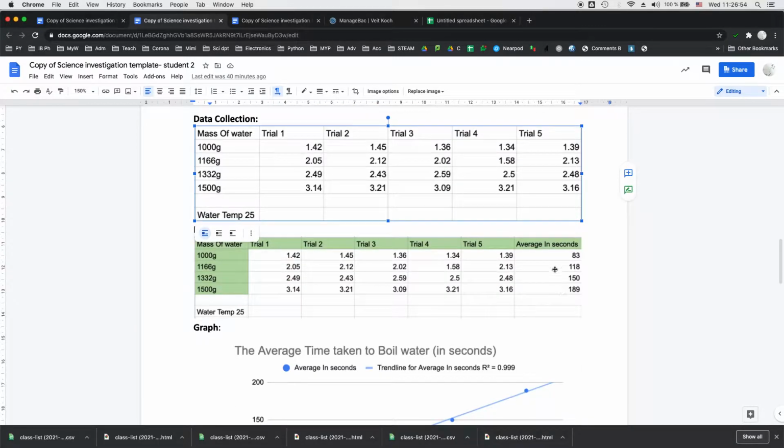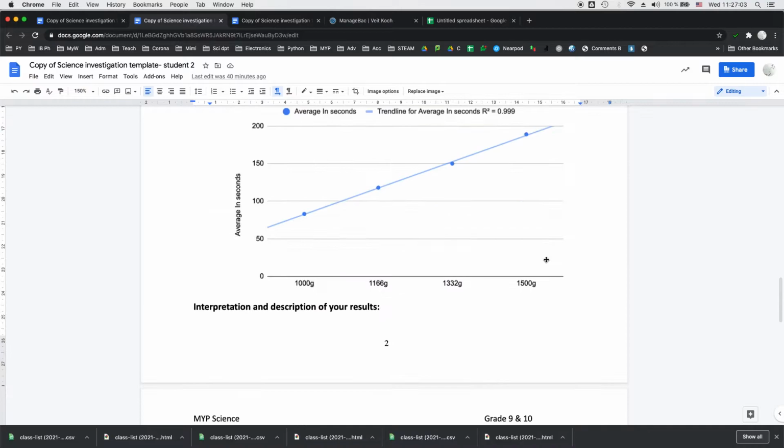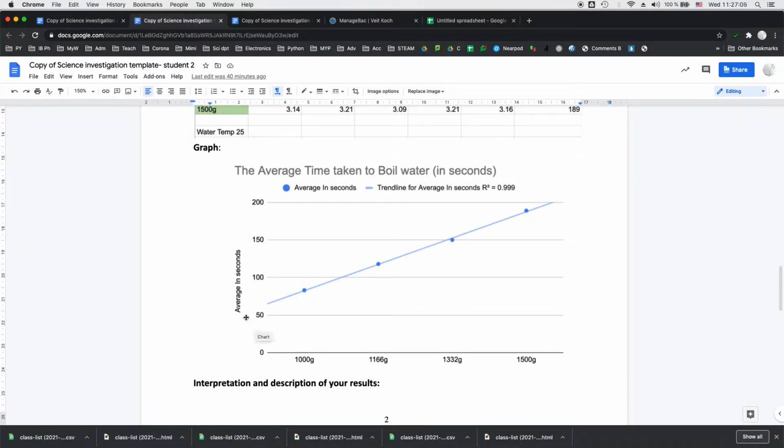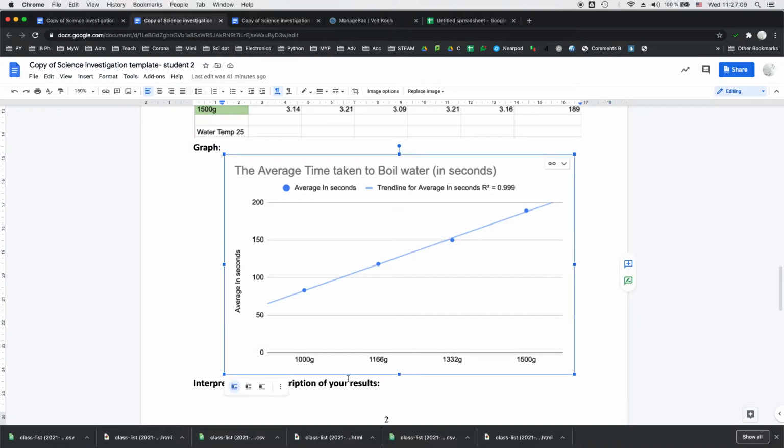And then it says here what the average is in seconds. The whole trial 1 to 5 could be left out, and it should say average time. Here again it should say average time in seconds, and you see what happens when you actually do it, that you put the units into the data. Then it can't give you a continuous x-axis.